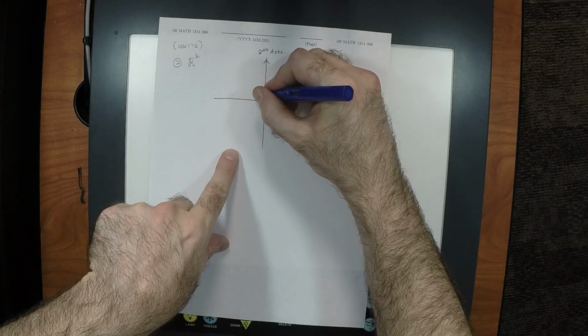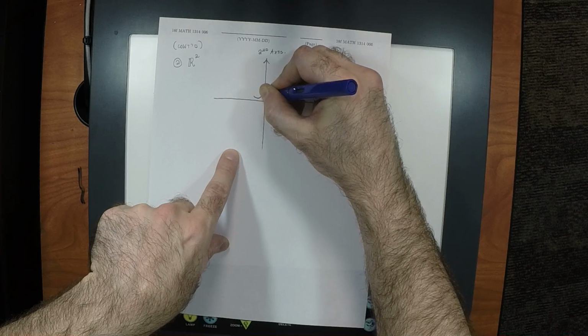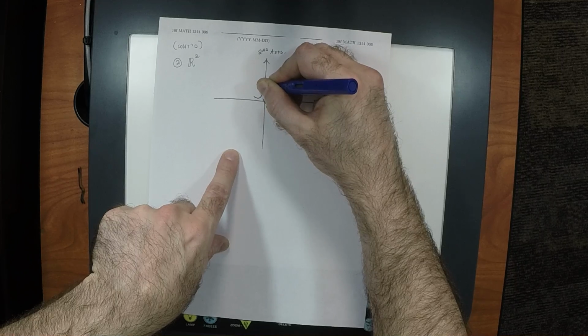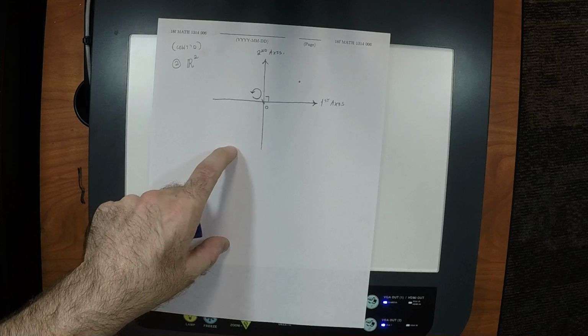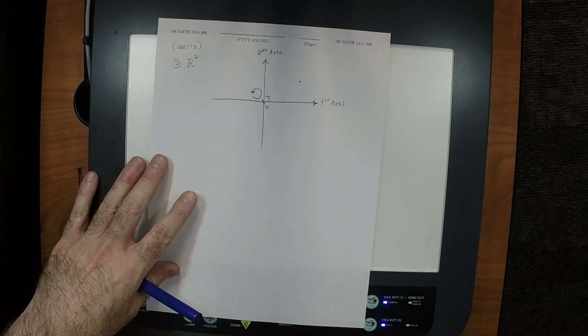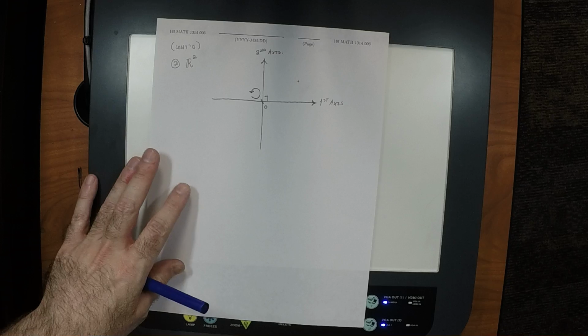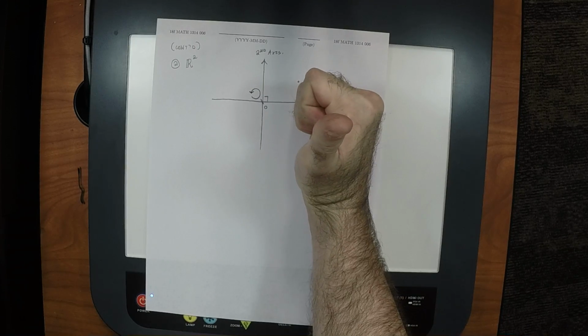So what I mean is that I'll follow the first axis for a little bit, and now I'll follow the second axis, and I'll come back round. That's what positive looks like. Now, the way that you can always surely remember this is because if you have an axis on your page, please take your right hand, not your left, and put it on the page, and stick your thumb up.